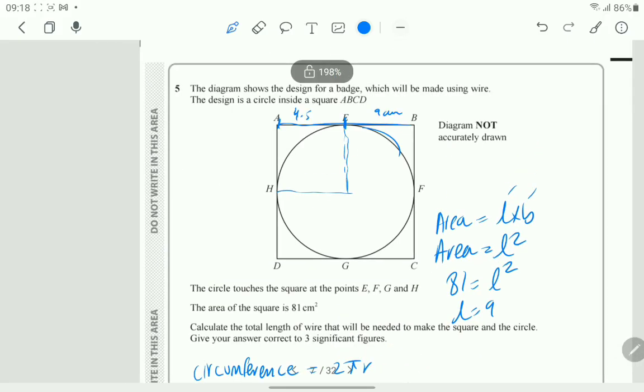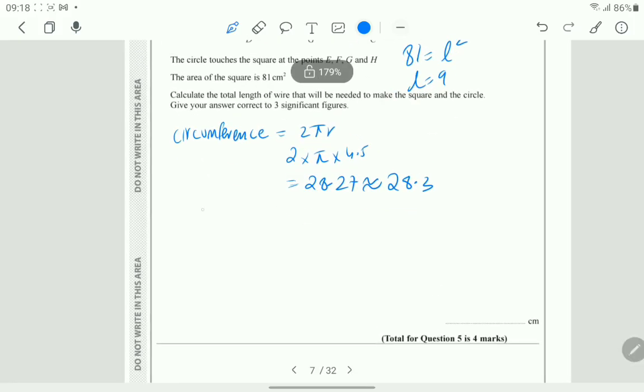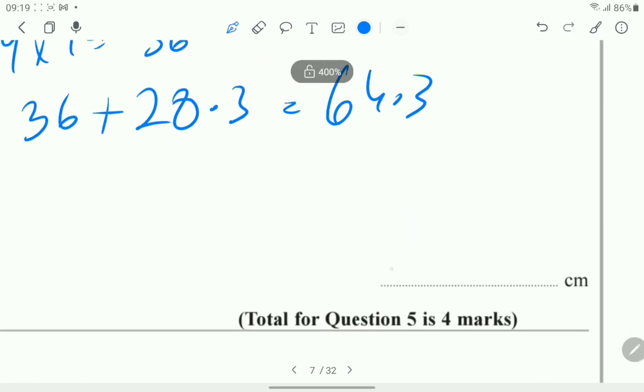And we need to find the perimeter of square, and since it has four sides, each side is 9 centimeters long, so it would be 9 times 4, 36. 36 plus 28.3 would be your final answer, which is 64.3, accurate to 3 significant figures. So this is your final answer, full marks.